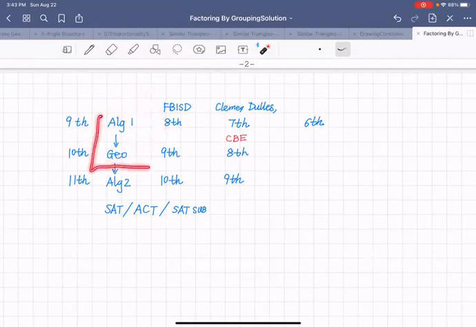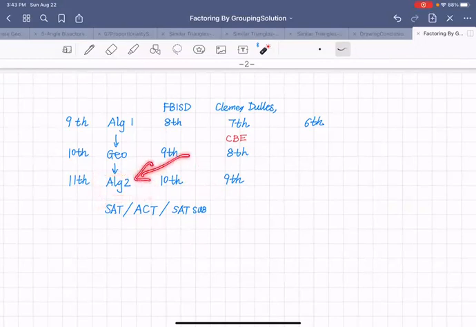You want to have your foundation very solid because Algebra 2 pre-AP is extremely hard, no matter which school you go to: Dulles Academy, Oakland High, Clements High, Austin High.